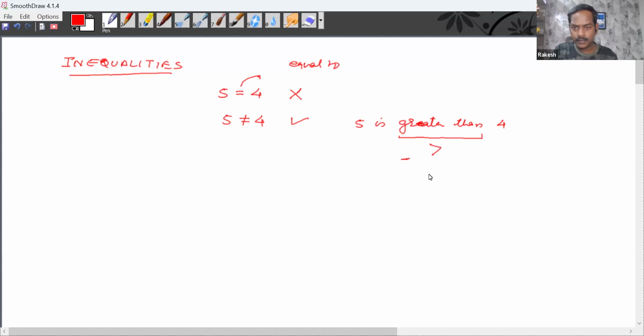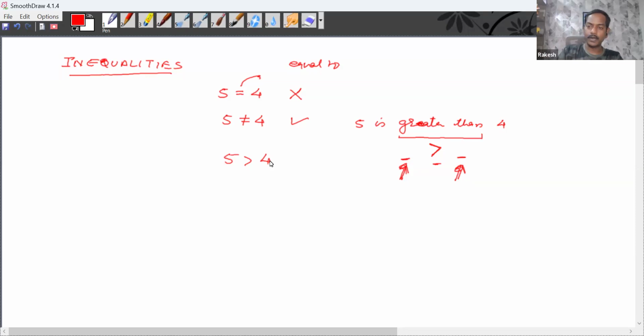If something is written here, this sign is between, and something else is written here, it simply says that this term is greater than this particular term. So a more appropriate way to write a sign between 5 and 4 is that 5 is greater than 4. If it is greater than, definitely 5 is not equal to 4 is automatically considered, right?